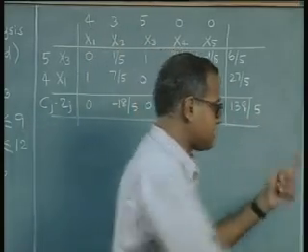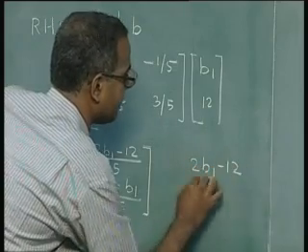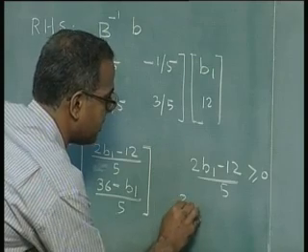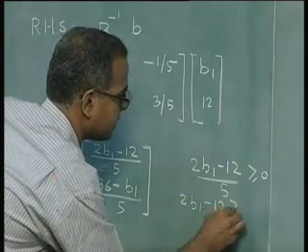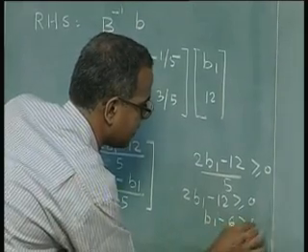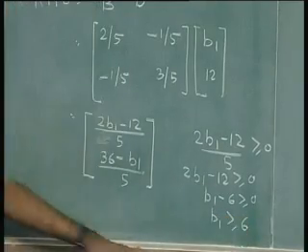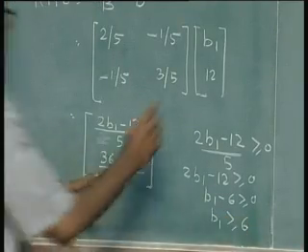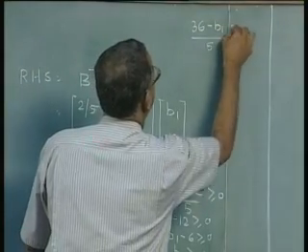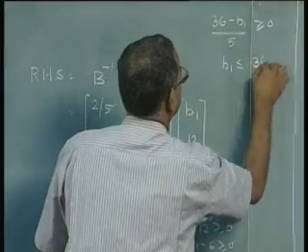Now 2b1 minus 12 by 5 greater than or equal to 0 gives 2b1 minus 12 greater than or equal to 0, b1 minus 6 greater than or equal to 0, b1 greater than or equal to 6. 36 minus b1 by 5 greater than or equal to 0 would give b1 less than or equal to 36.